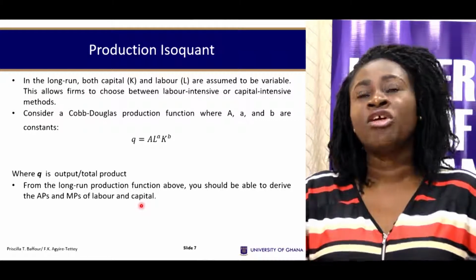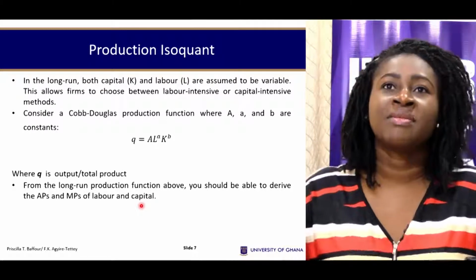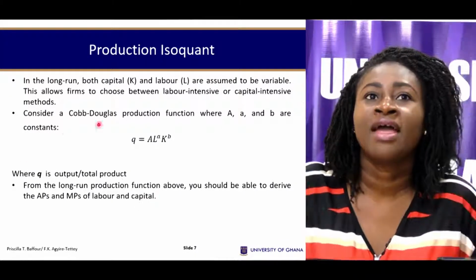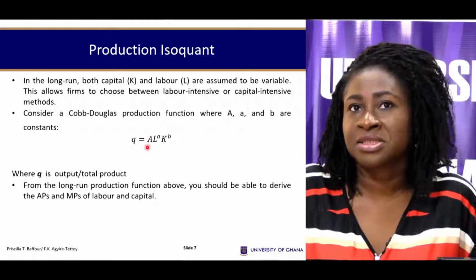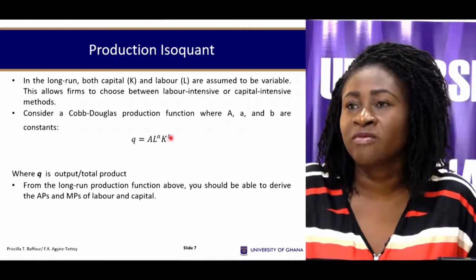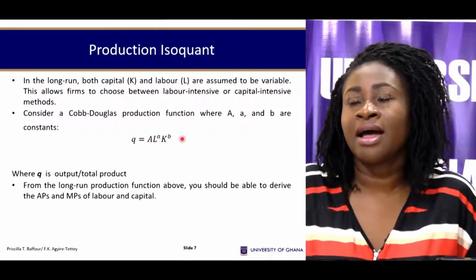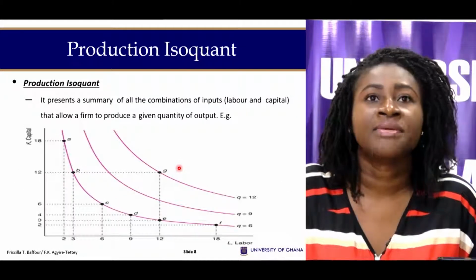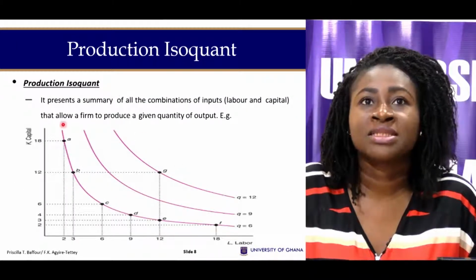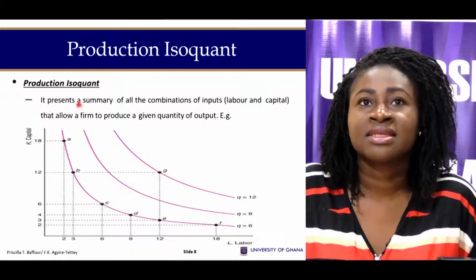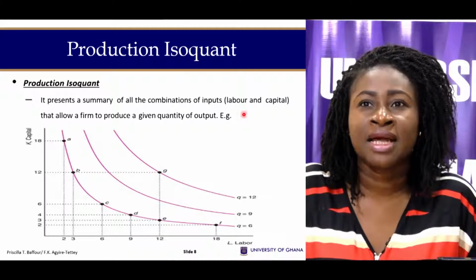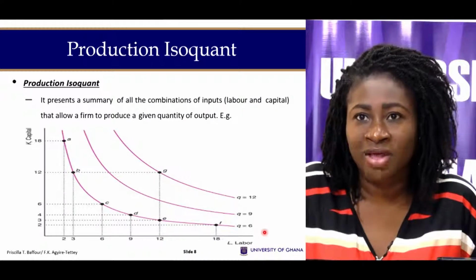So in the long run analysis, we know that capital and labor are variable, right? So we have a typical Cobb-Douglas production function where Q is a function of labor raised to the power alpha and capital raised to the power beta, right? So our production isoquants give us a summary of all combinations of inputs, labor and capital, that give the same level of output.